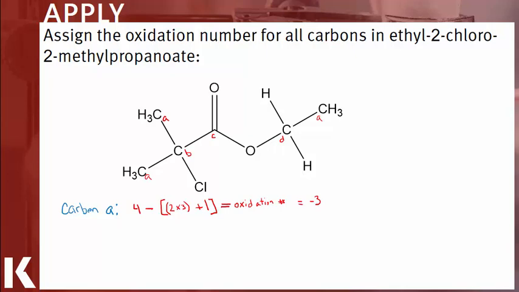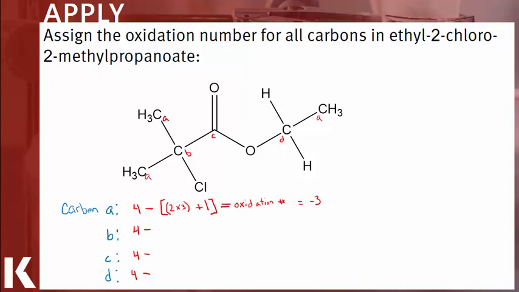This will be important in later lessons, so for now let's get back to assigning oxidation numbers to carbon B, C, and D. Each of these carbons would be expected to have 4 valence electrons minus the actual valence that you'll need to determine. Carbon B is attached to a chlorine, which is more electronegative, so the carbon gets no electrons from that atom.